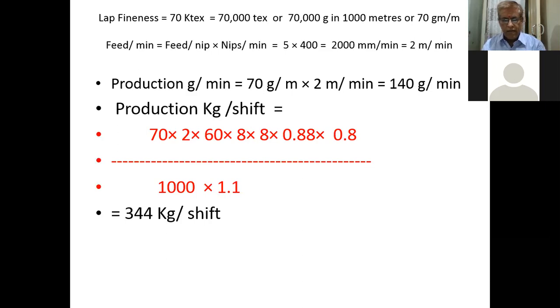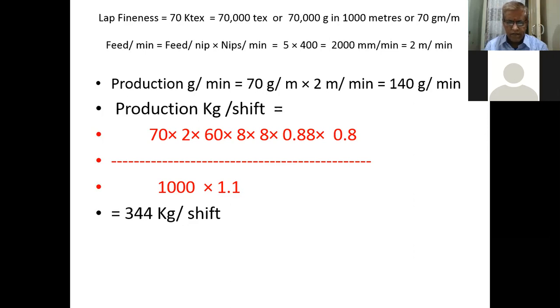So first of all, lap fineness is 70 kilotex. 70 kilotex means 70,000 tex. Or we will also write it as 70,000 grams in 1000 meters. Or this may be further written as 70 grams per meter. So 70 kilotex, we may write as 70 grams per meter.